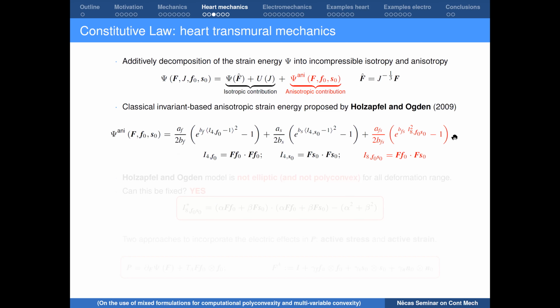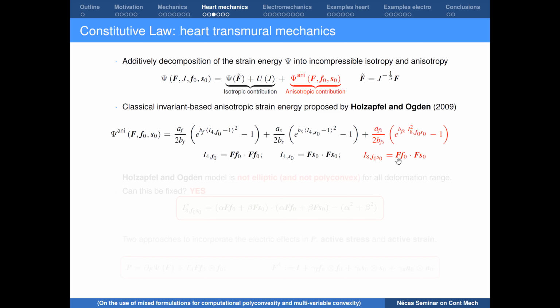The other term that can feature, presented by Holzapfel and Ogden, is the invariant I8 for F0 S0, squared, which is defined like this, and which, as you can see, represents the inner product between the fiber stretches in the current configuration.